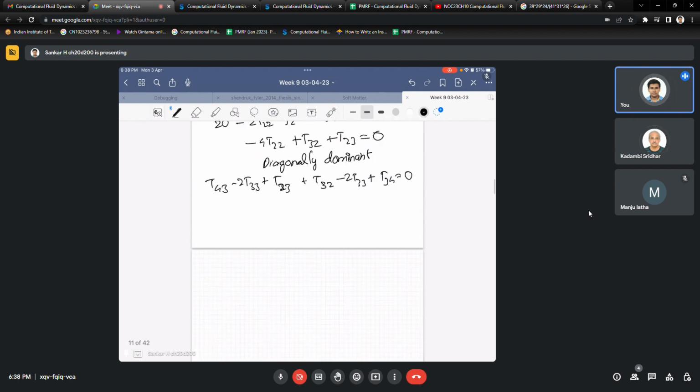So if we have 31 grid points, we'll have 29 over here. If we have 41 grid points, we will have 39 under consideration. 31 grid points will have 29. 26 will have 24.